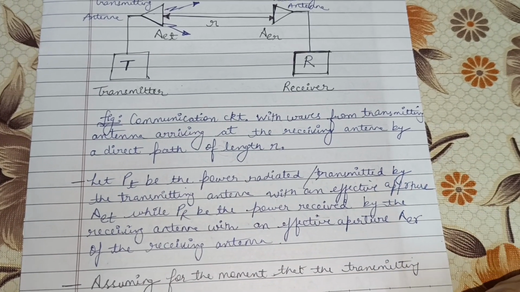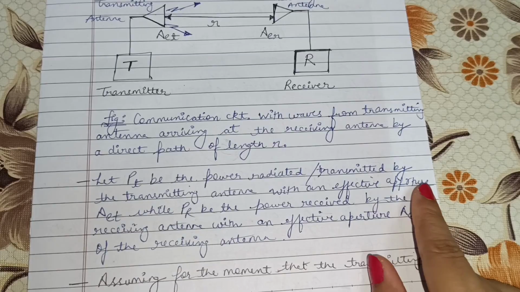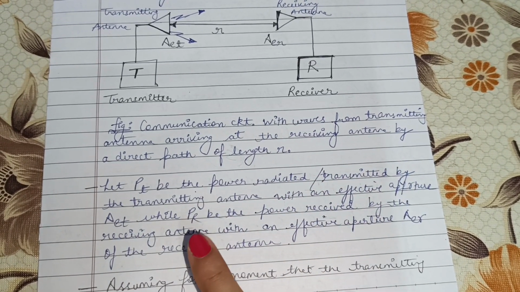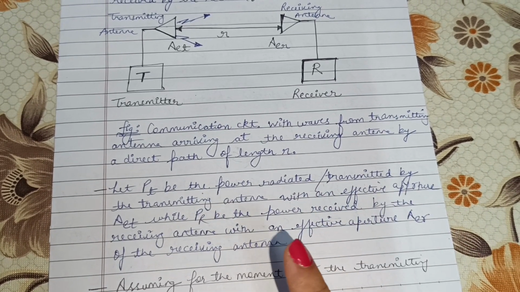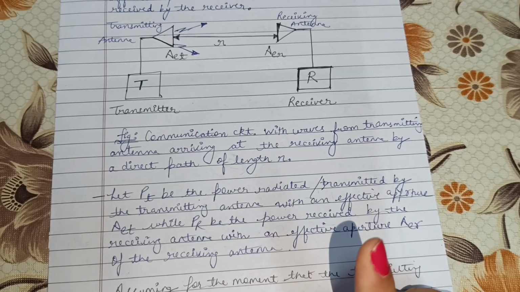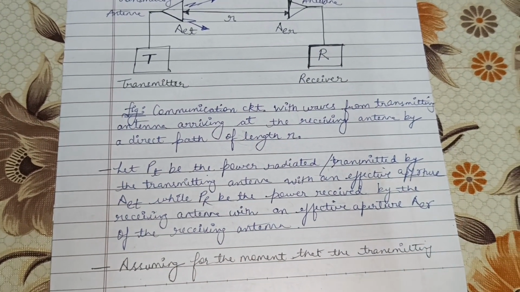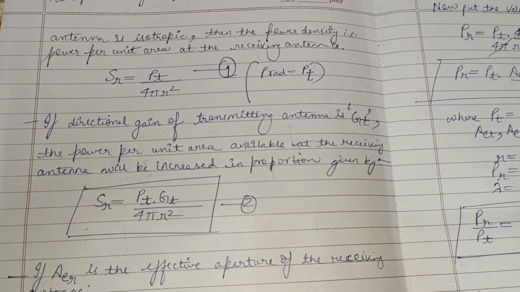Let's start our derivation. Suppose PT is the power radiated by the transmitting antenna, and it has an effective aperture AET, while PR is the power received by the receiving antenna with an effective aperture AER. Now assume that the antenna is isotropic.